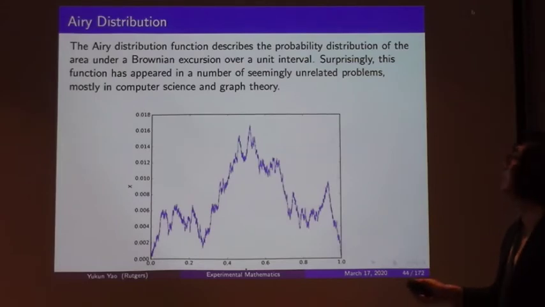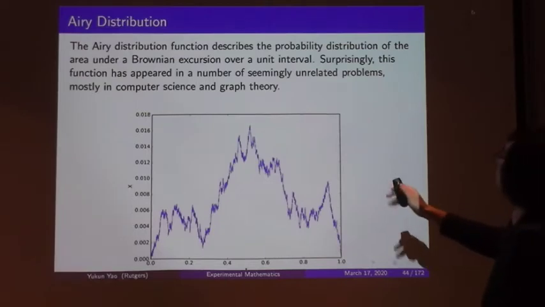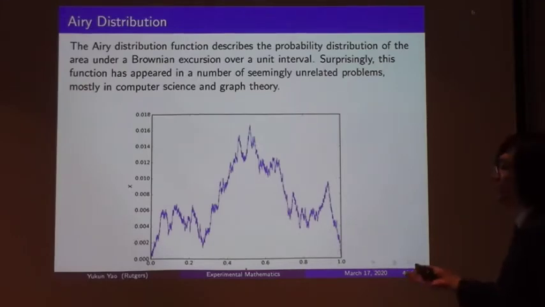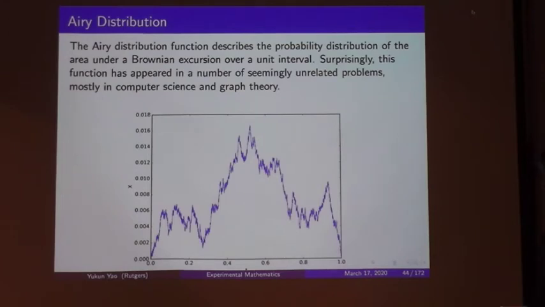There are many types of Airy distribution. We also have the map Airy, and we also have the Tracy-Widom Airy distribution. Surprisingly, the Airy distribution occurs in many seemingly unrelated problems, mostly in computer science and graph theory. We just saw that it occurs in parking functions. It also occurs in random planar maps.